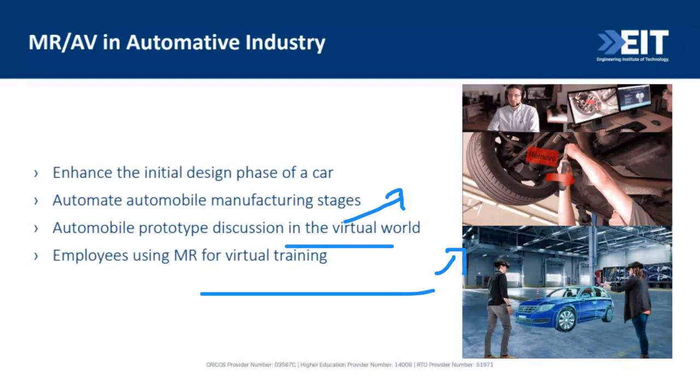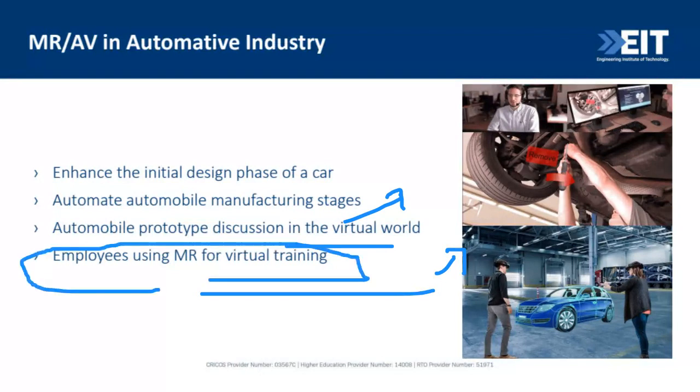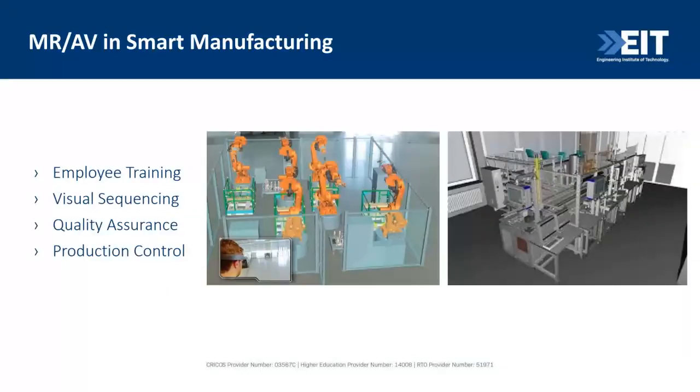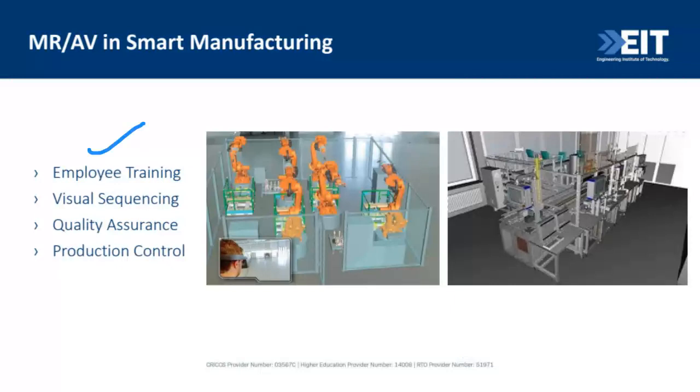And I think this one we won't really cover again, but this has been covered many times: virtual training. In any industry, the training can be done with the help of VR and AR. Similarly, with manufacturing, as I mentioned, the employee training and the visual sequencing, which is basically the step-by-step instruction of an assembly process, right?